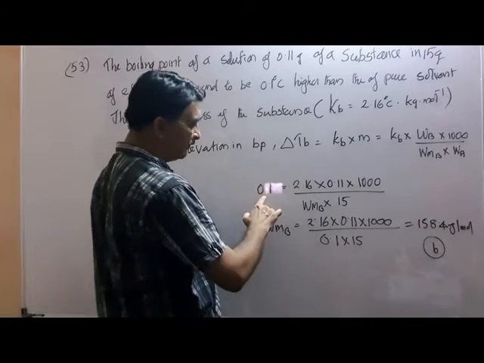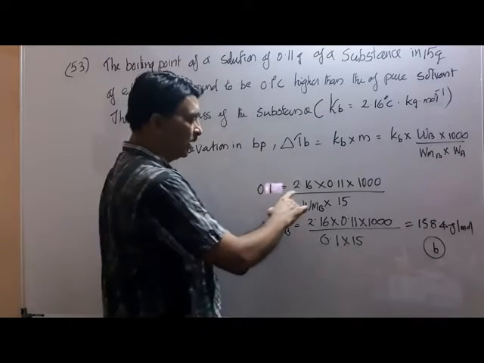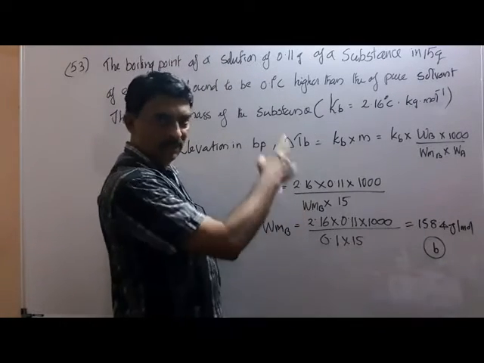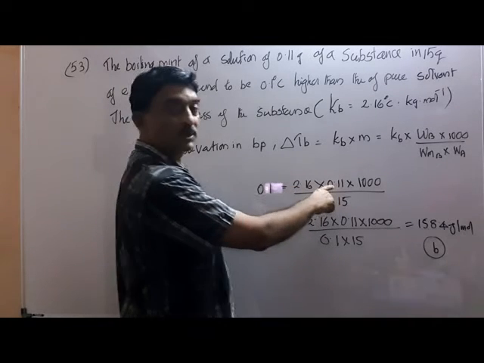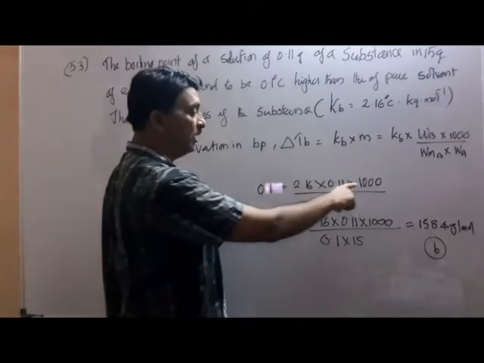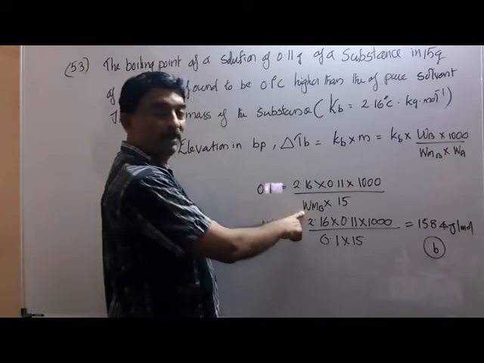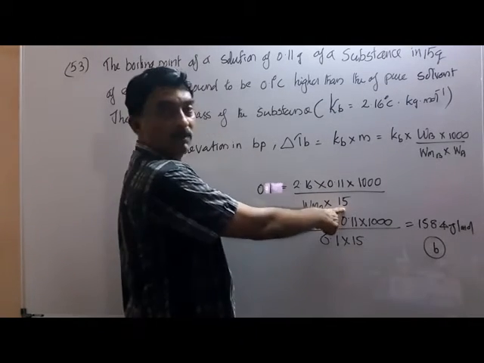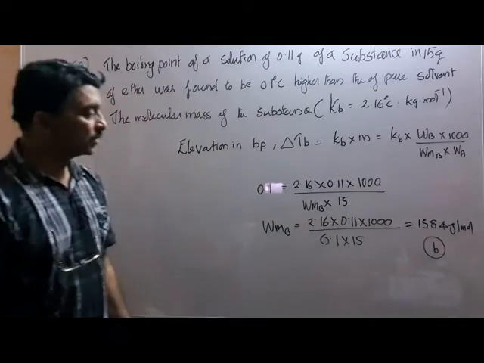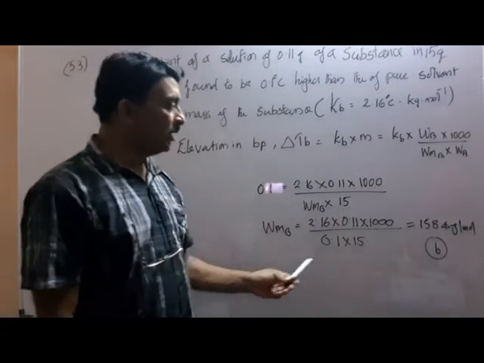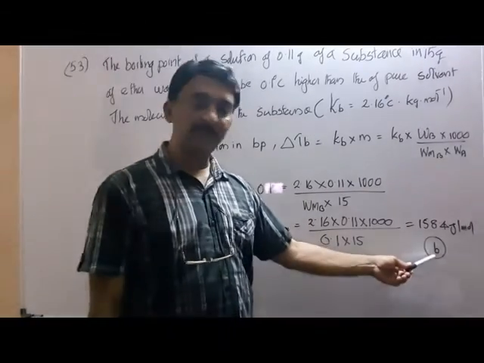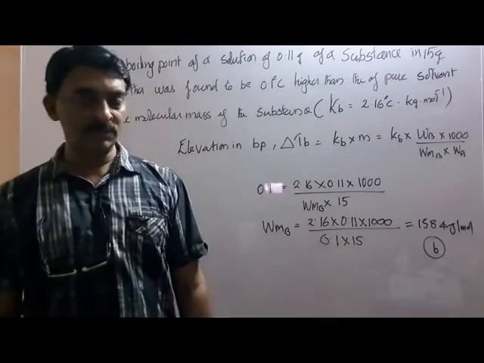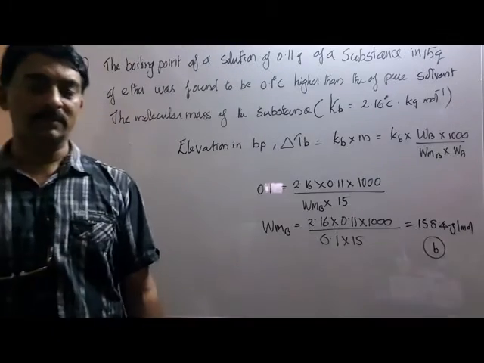They have given the elevation in boiling point as 0.1. Kb value of the solvent is 2.16 and the mass of solute Wb added is 0.11. 1000 is already there. Wmb is unknown. Into 15 gram, Wa is 15 gram. Rearranging to get Wmb, you get 158.4. So the nearest answer is B in the given options. So here our answer is B.